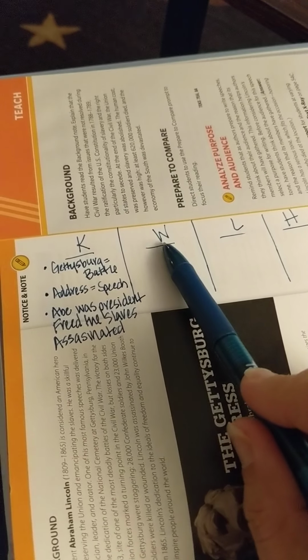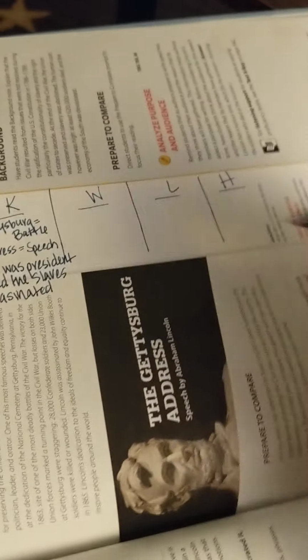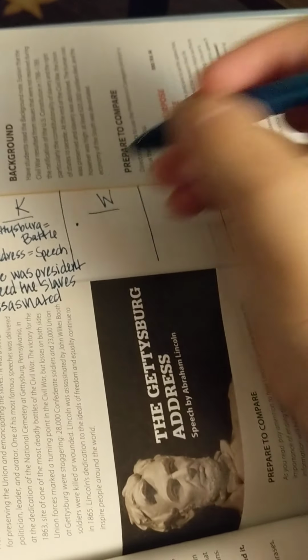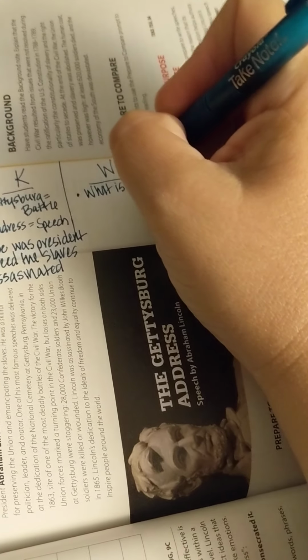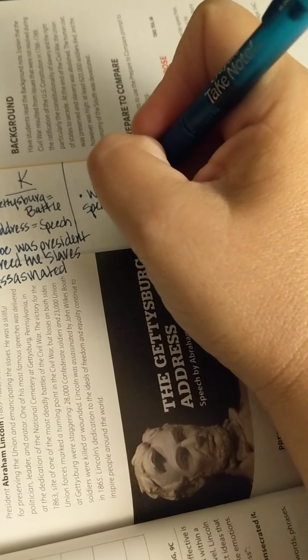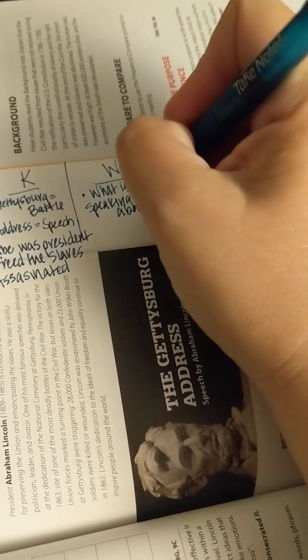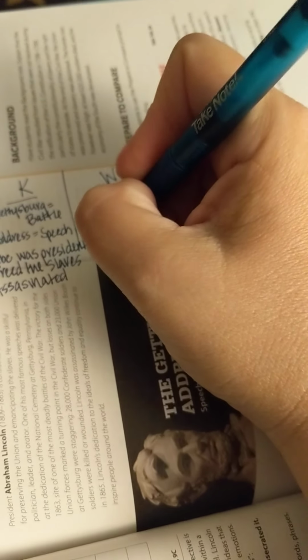But now I'm going to move to my W, and W stands for what I want to know. Okay, so I'm sorry, this is sideways, but I know it's a speech. So I want to know, like, what is he speaking about? And then maybe who is he speaking to?